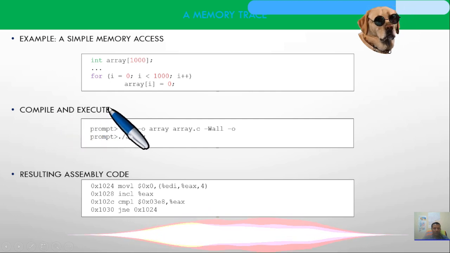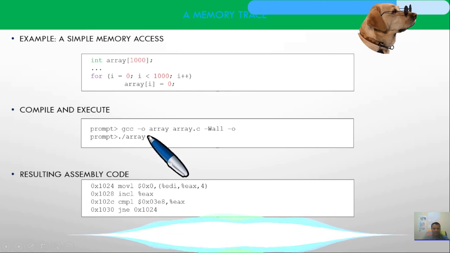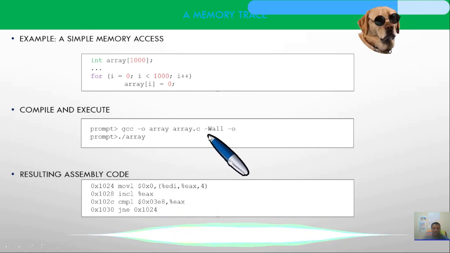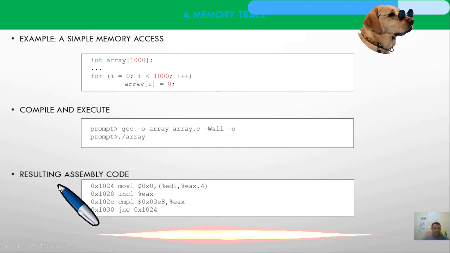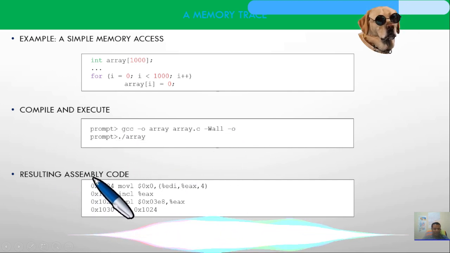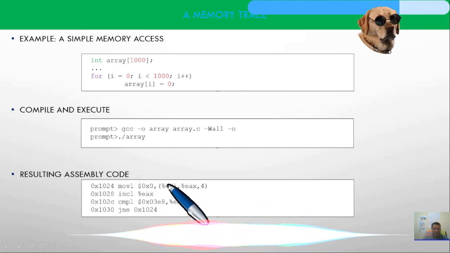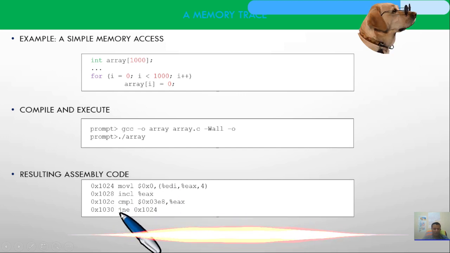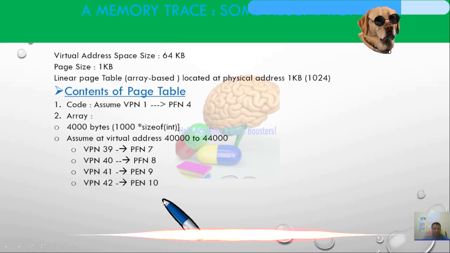If we compile and execute this code with gcc -O array.c, this is C language, with -Wall, then we have the array. The resulting assembly code looks like this, with the register number, the increment, the compare, and the jump, and the location is also here.